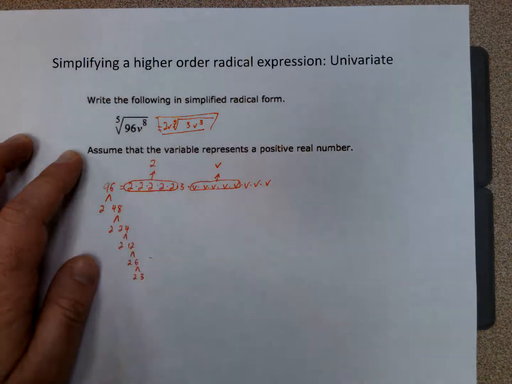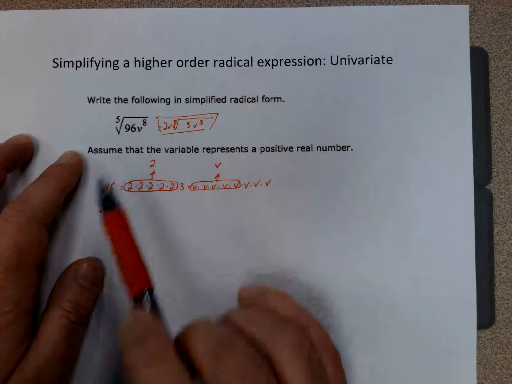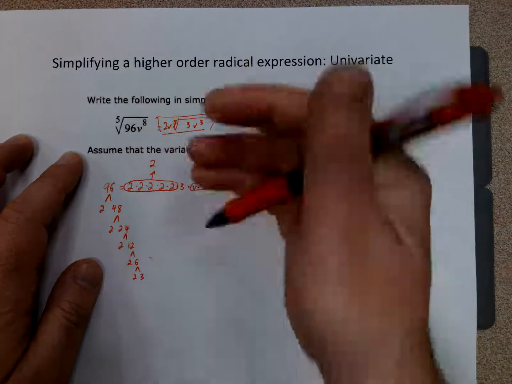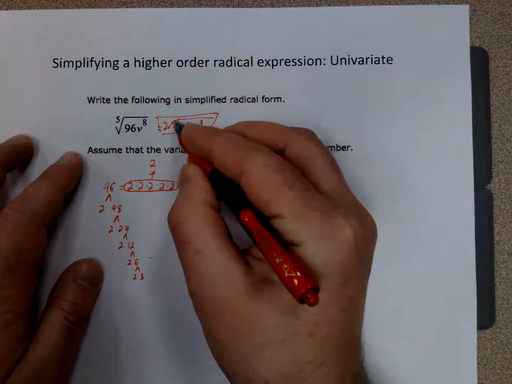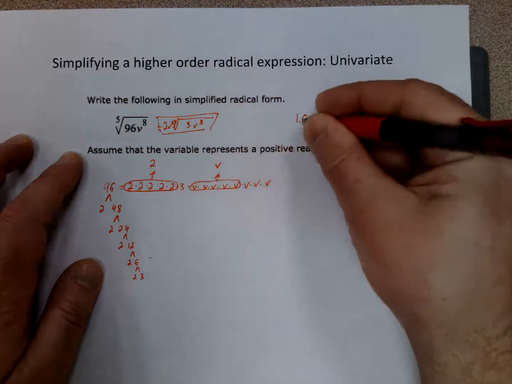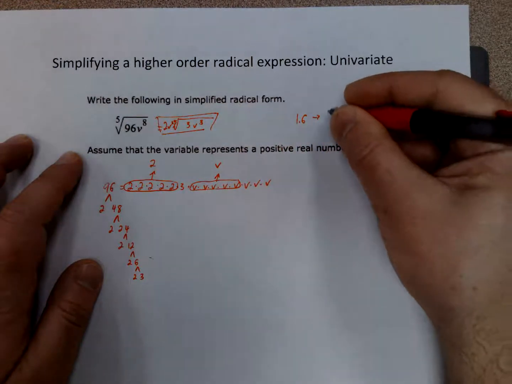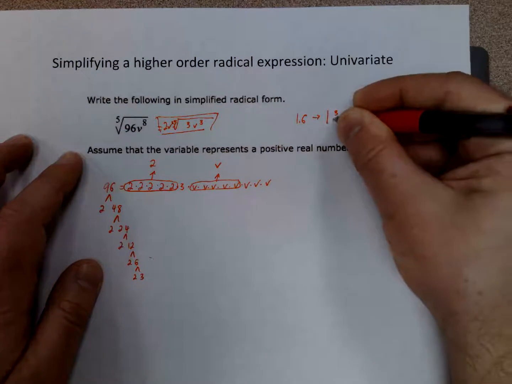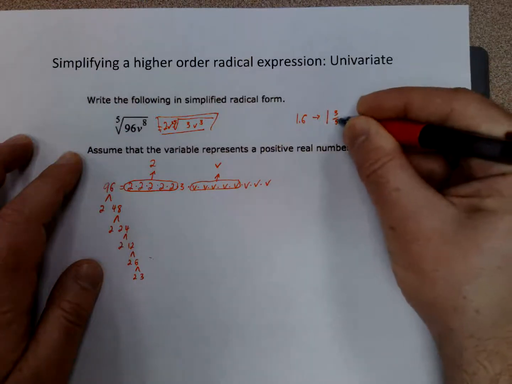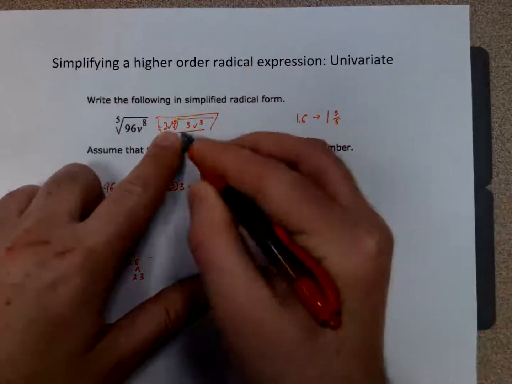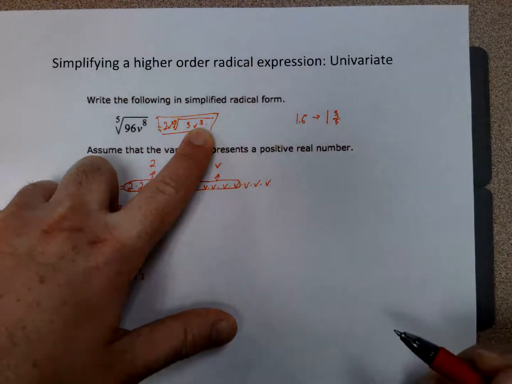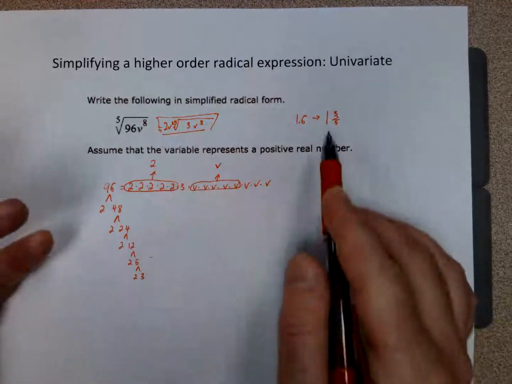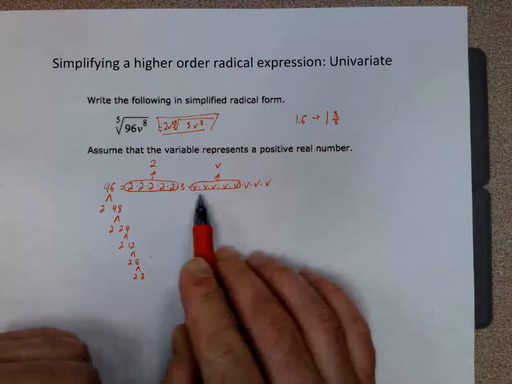Or in this case, 8 divided by 5 is 1.6. So that's why we pulled out v to the first. I know it kind of looks like the 5th, but remember, that's the index. V to the first, so it's 1.6, which converts to 1 and 3/5 as a fraction. So that 1 is the exponent out front, and that 3 is the leftover v exponent inside. So if you do have a large number, you can also use that trick, as opposed to writing them all out.